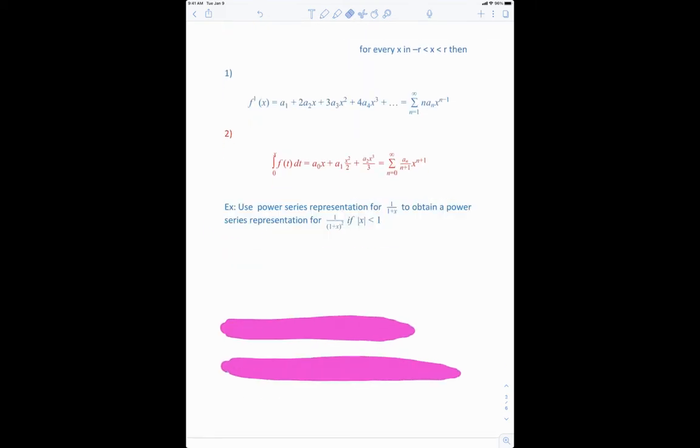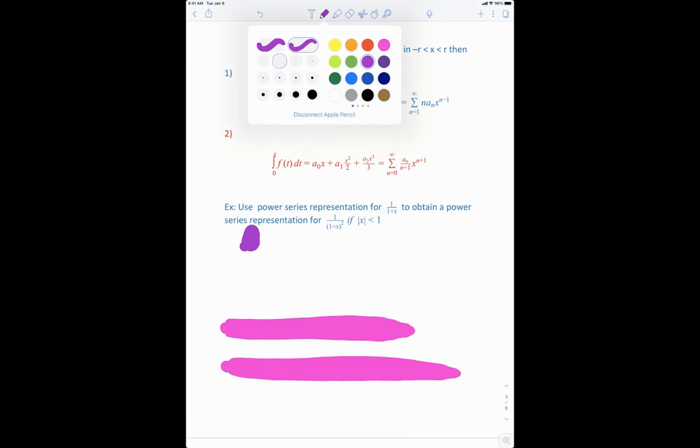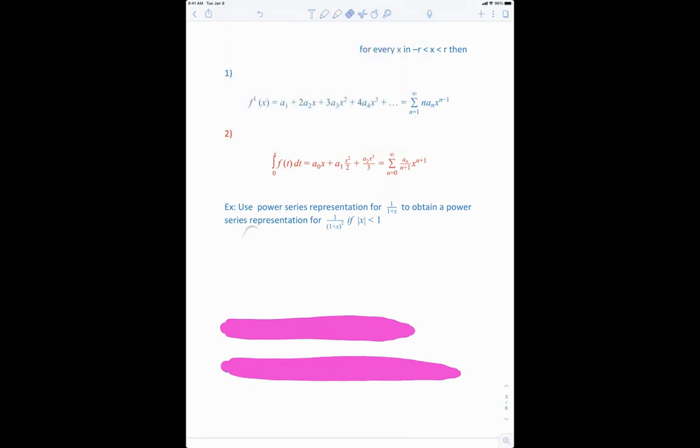So the next question says, and they're kind of leading you into it, use a power series representation for 1 over 1 plus x to obtain a power series representation for 1 over 1 plus x squared. The idea would be this: we start with 1 over 1 plus x.